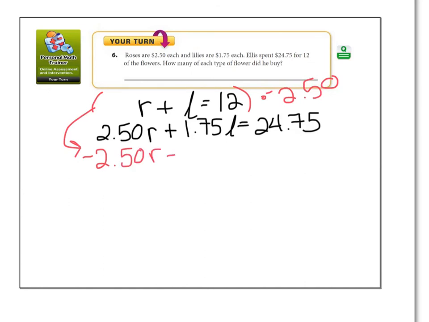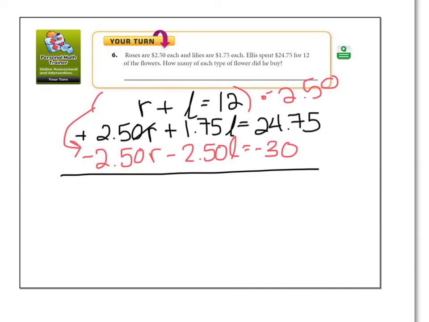The L turns into negative 2.50L. And you could also use 2.5. And then you've got 12 times negative 250, which is negative 30. Now that we have a pair of opposites, we can add these together.